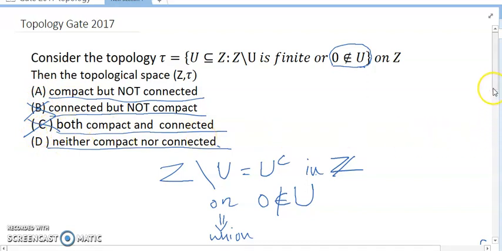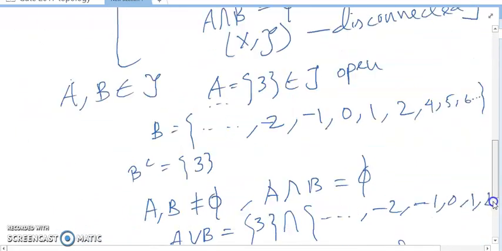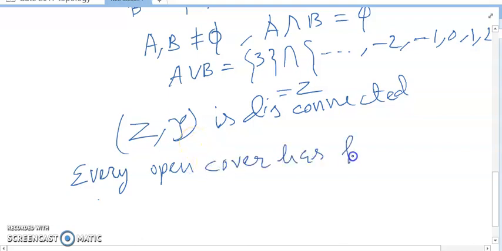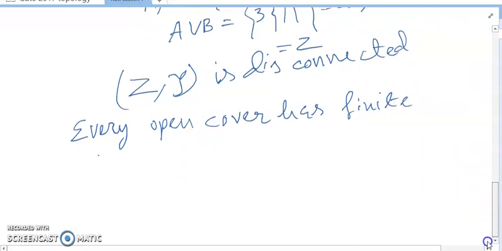It can be possible. We will discuss that every open cover has a finite subcover. Okay, what is the meaning of a compact space?